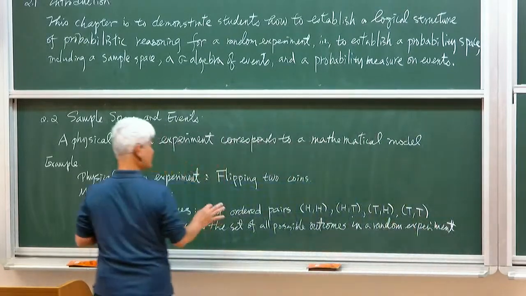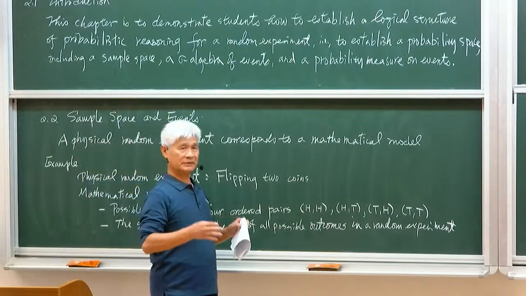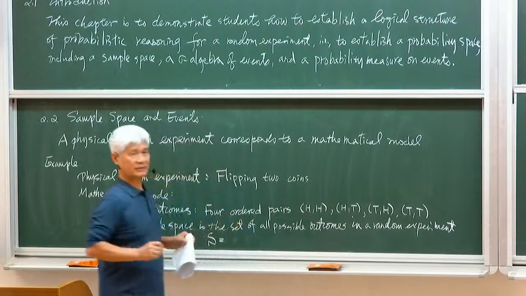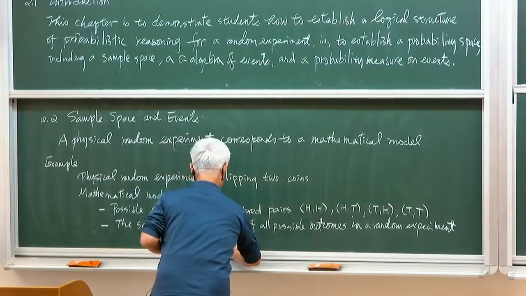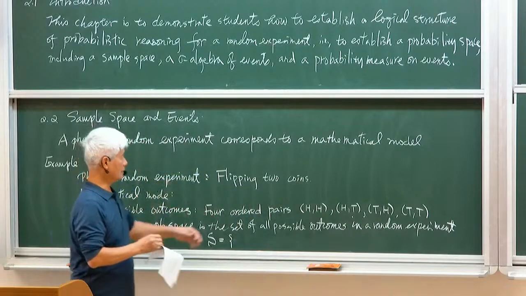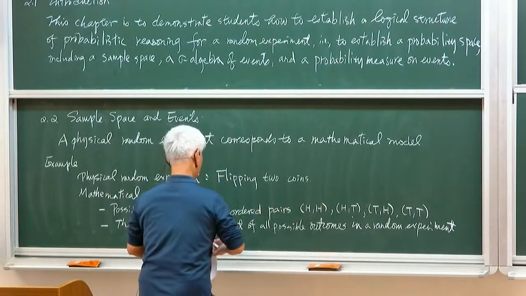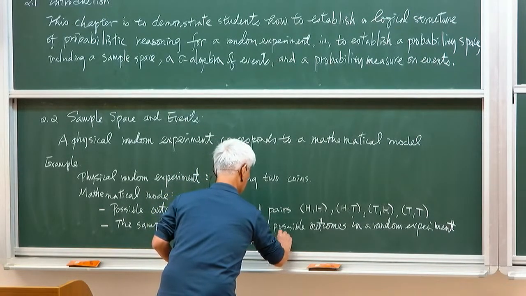Okay, so that is the definition. So you collect all the possible outcomes together, and you use big S to denote the sample space. As a set, you just enumerate these four possible outcomes, so that will be these four pairs.